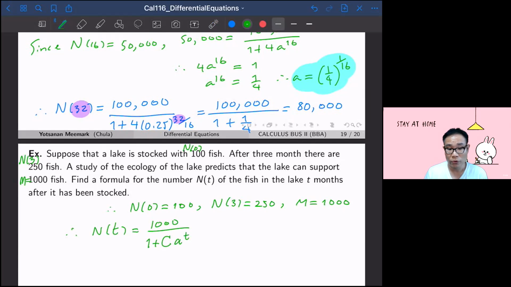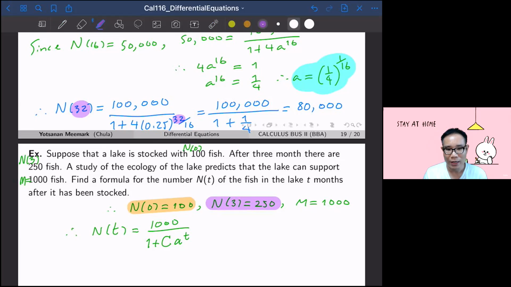And you're going to proceed to find C and A from these two conditions. I leave you with these two numbers, and at the recitation we're going to finish this one with C and A together.